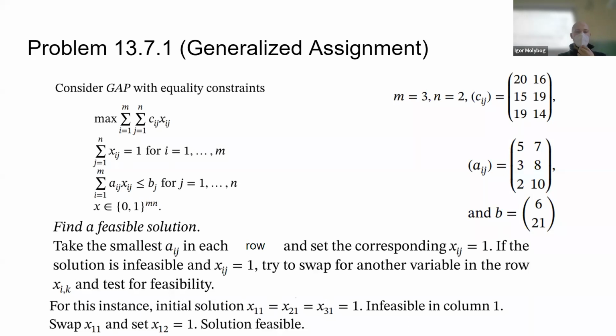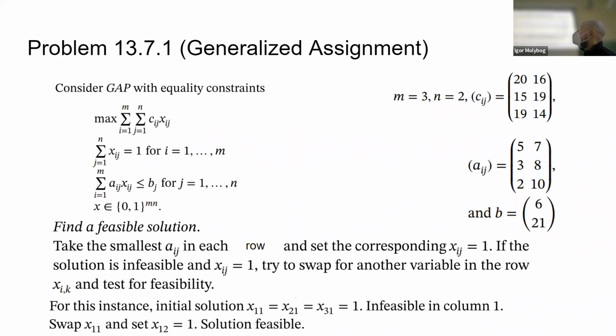So first, finding a feasible solution. Just by looking at this GAP problem, you can see that to find a feasible solution, you just forget about the objective function. You just worry about the constraints.